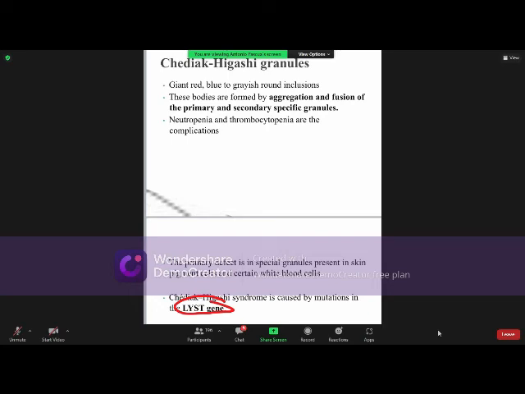So sir, what is that LYST for? You listen well. Your LYST gene gives us some sort of instructions about the movement and regulation of proteins within your cells. Okay? Movement of granules, regulation of proteins, that's the job of LYST. Imagine it like a traffic light.